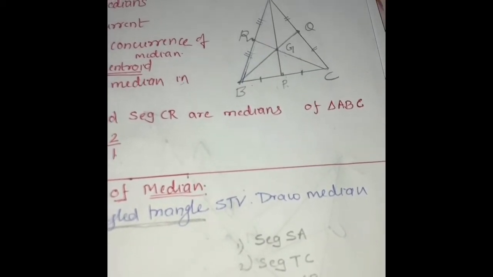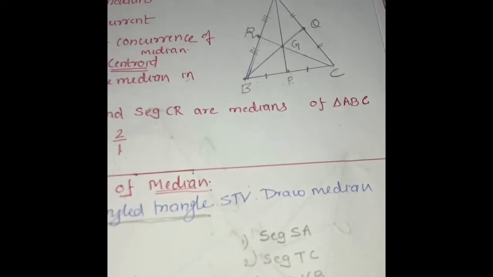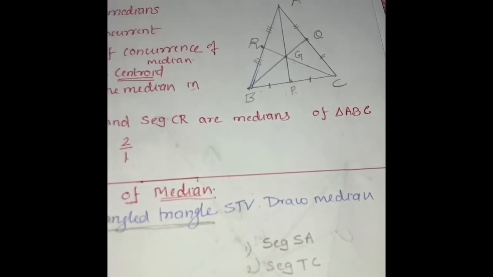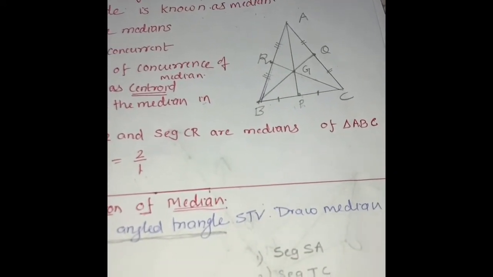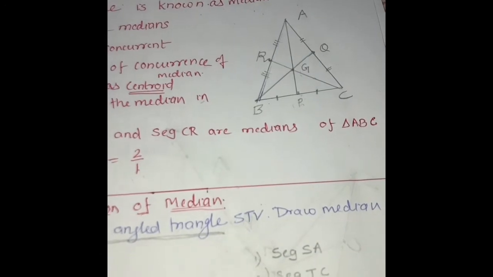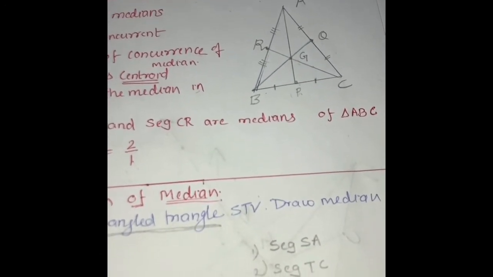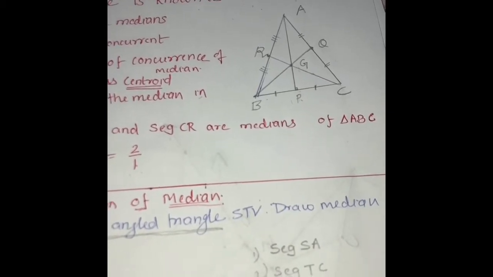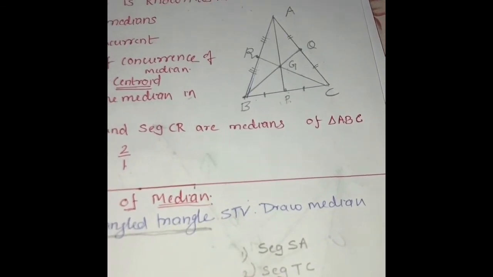The medians are concurrent. Why are medians called concurrent? What is the definition of concurrent lines? Whenever more than two line segments pass through the same point, more than two, 3, 4, 5, any number, then the lines are known as concurrent lines, and the point through which they pass is known as the point of concurrence.